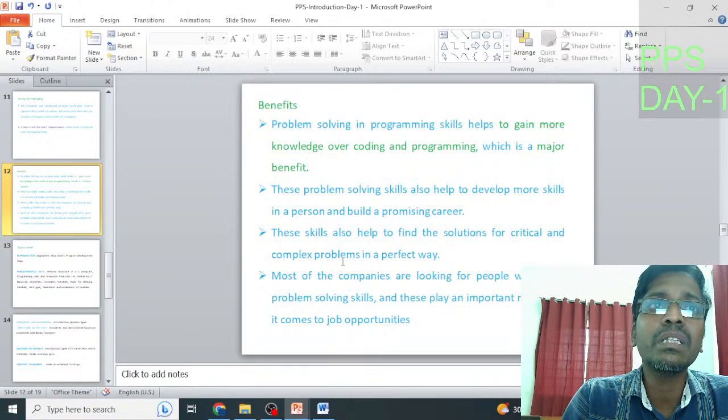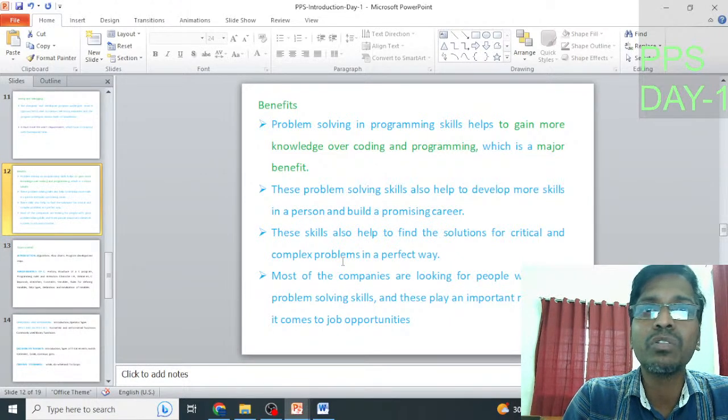and build a promising career. So if you know coding and programming skills, then ultimately you can design software or design a technology. Then definitely the promise of your future will be fulfilled.